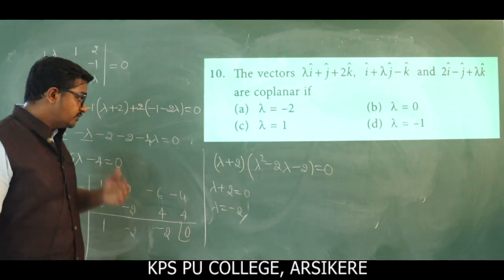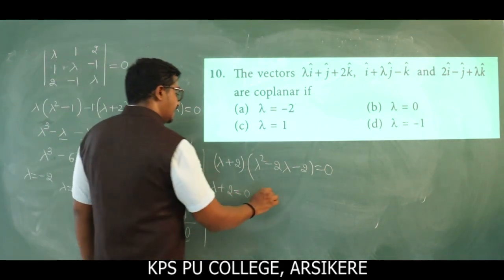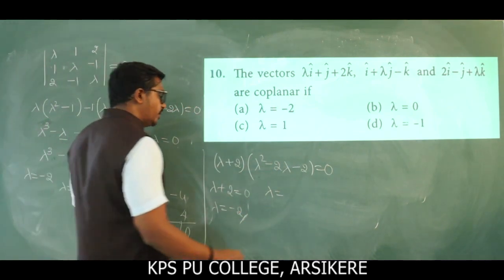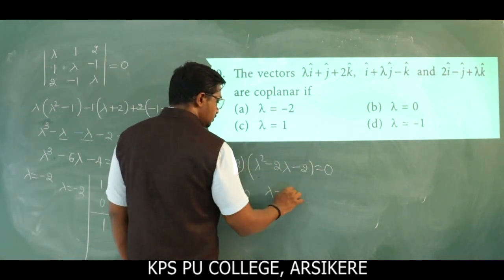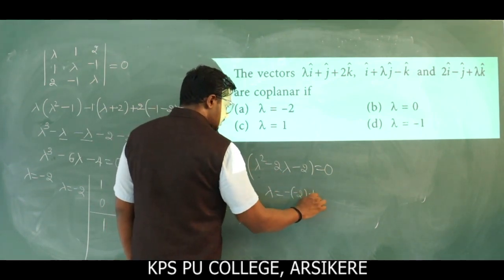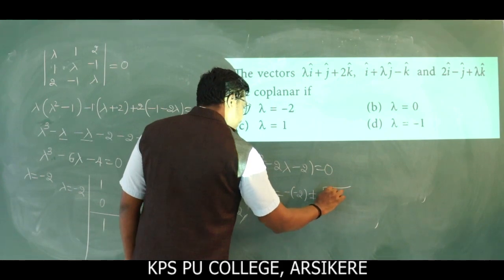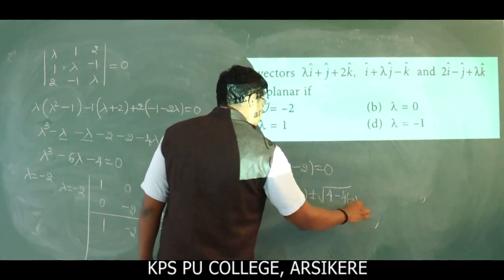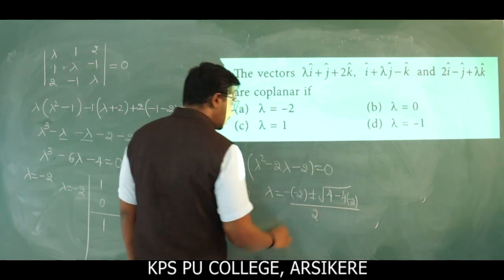What are we left with? This is nothing but a quadratic polynomial. Here a is equal to 1, b is equal to minus 2, c is equal to minus 2. That becomes minus of minus 2 plus or minus square root of minus 2 whole square is 4, minus 4 into minus 2, whole divided by 2 into a.